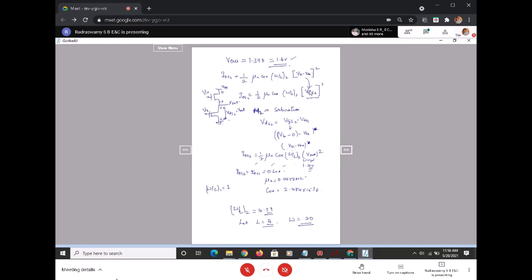VB minus VTH is nothing but VDS, and the drain to source voltage is basically V out for us. So we know V out, mu n COX and IDS2, and we can calculate W by L of M2. That is 4.59. Assuming L as 4, we get W to be 20. So this is how the common drain amplifier design goes. Hope this is fine.